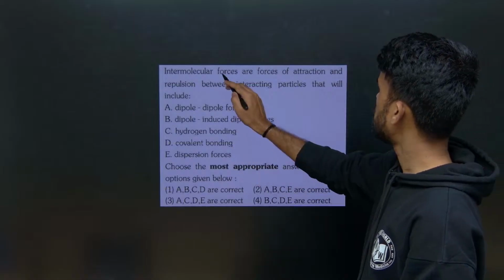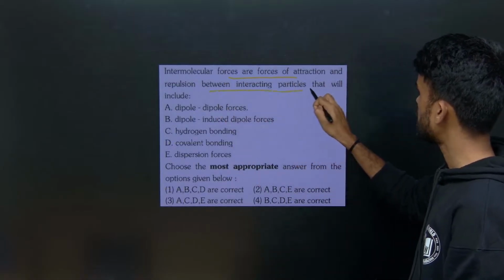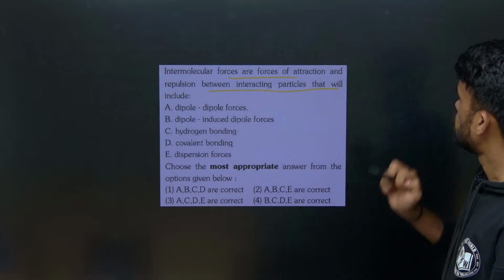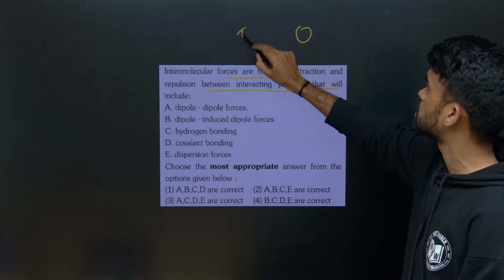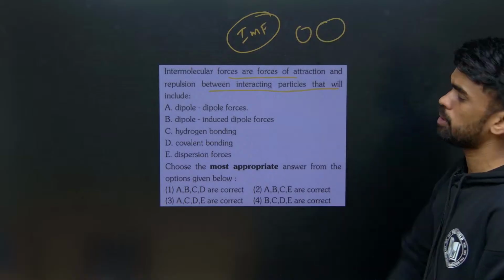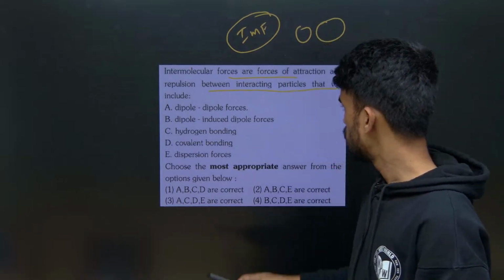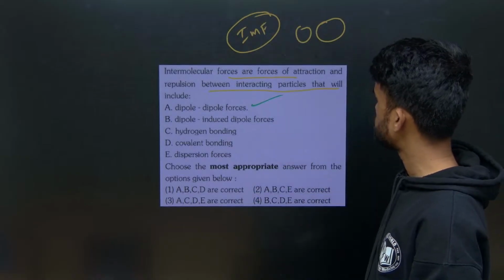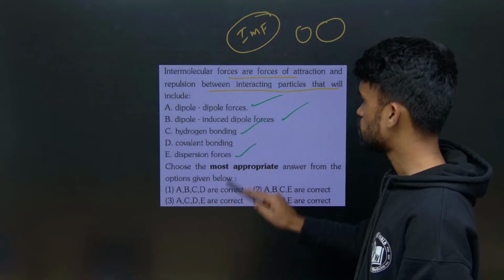Next, intermolecular forces of attraction and repulsion between the interacting particles, that will include. They are saying intermolecular forces, they are not saying bonds. Intermolecular forces like dipole-dipole interactions, hydrogen bonding, van der Waals interactions, those things, right? Dipole-dipole is an intermolecular force between molecules, as are dipole induced, hydrogen bonding, and dispersion forces.